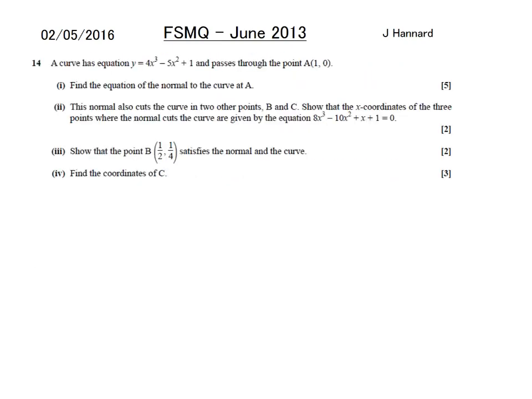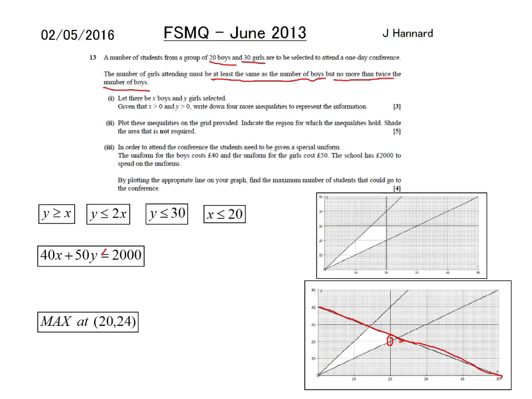So there you go, that's that. And you could also additionally work out how much that's going to cost the school, because it's going to be 40 times 20, which is 800, and 50 times 24, which is 1200, I think. So that's going to end up being £2,000 overall for them to spend.